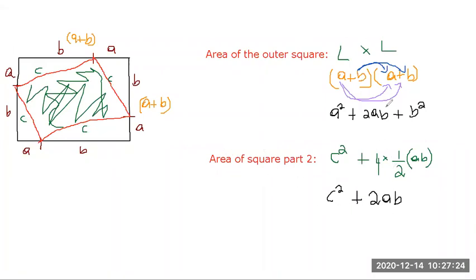Now, since these two are equal, the top one is the area of the outer square, and the bottom one is also the area of the big square. So I could set them equal: c squared plus 2ab is equal to a squared plus 2ab plus b squared, right?